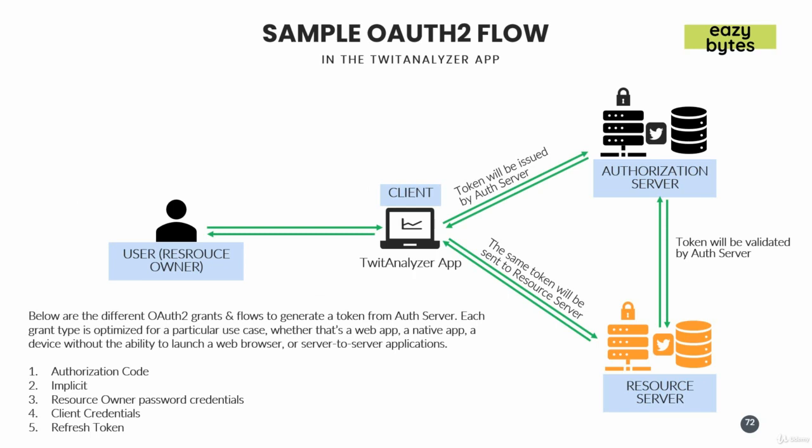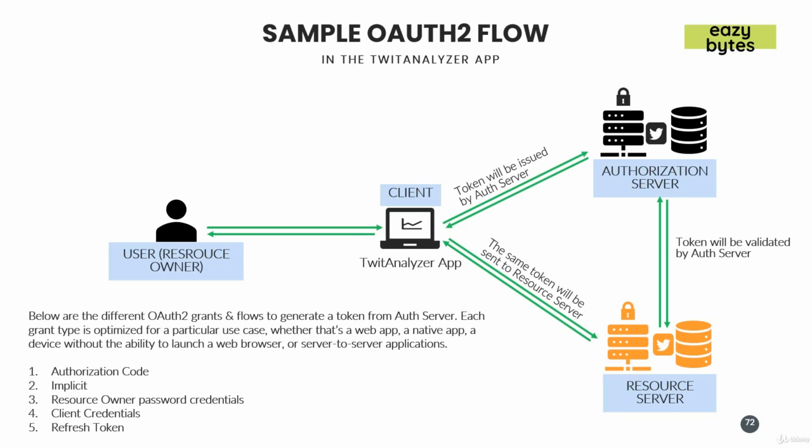So if you look at the sample OAuth2 flow in the tweet analyzer app, you can see the very first component is the resource owner or the user, which is me, who is trying to use the tweet analyzer app. When I go to the tweet analyzer app and say I want you to analyze my tweets, the tweet analyzer app, which is a client in this scenario, will say, okay, I will redirect you to the Twitter authorization server.